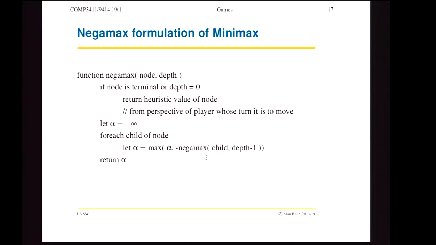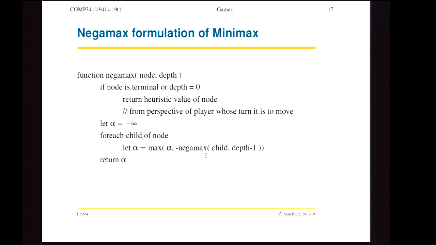So with the previous version, if we're playing X and the other player is O, the evaluation is always from the point of view of X. But here, the evaluation is always from the point of view of the player whose turn it is to move at that point in the tree.